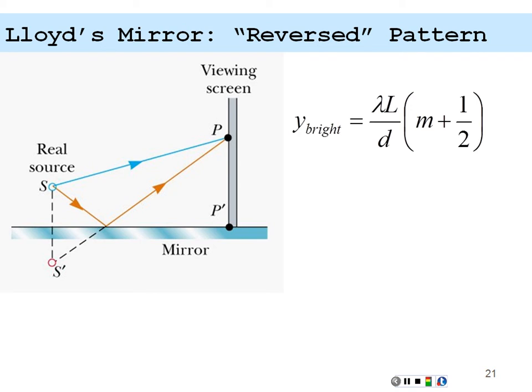We get bright fringes at lambda L over d times m plus 1/2, and dark fringes at lambda L over d times m. Because this pi phase reversal is going to reverse the phenomena. It's half a wavelength, if you will, because pi is half a phase of a full cycle, 2 pi, and that gives us another half wavelength, reversing our formulas for the bright and dark fringes.